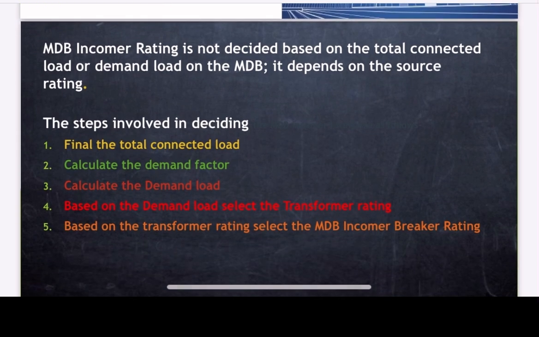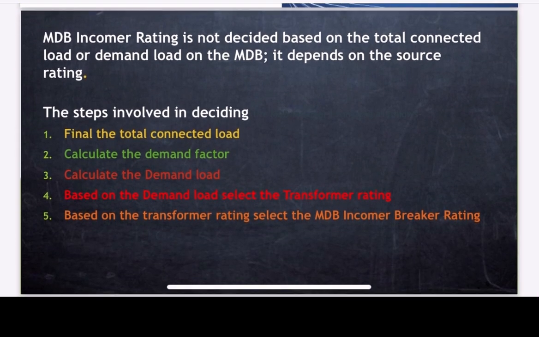To brush up, I told you there are 5 steps involved in designing any MDB. The first step is to finalize the total connected load on the MDB. Then we have to determine the demand factor. The third step is that, based on the demand factor, we calculate the demand load.